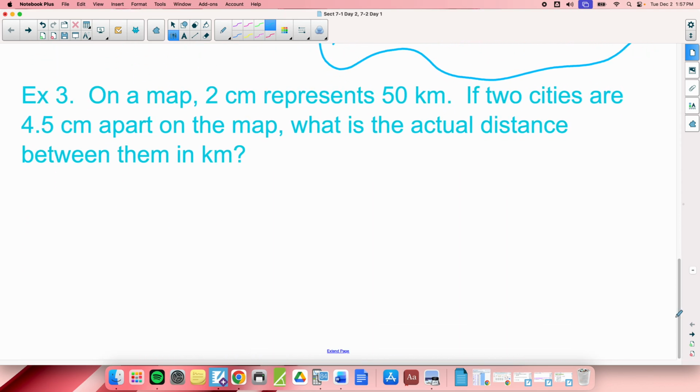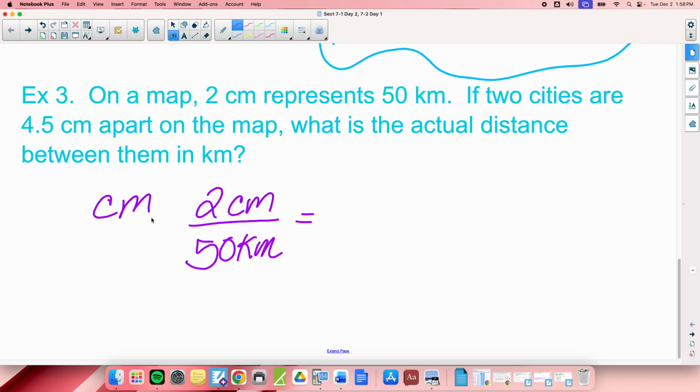Down here it says, on a map, 2 centimeters represents 50 kilometers. So 2 centimeters is 50 kilometers. And actually, normally I put my units over here. So that's really what I should have done.